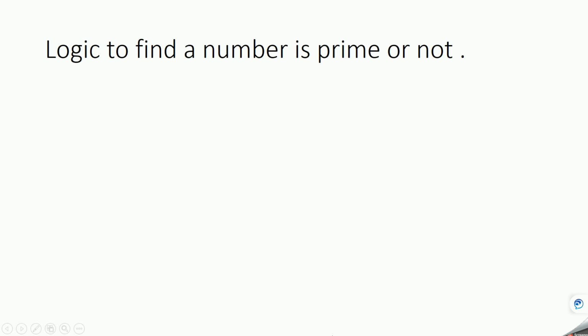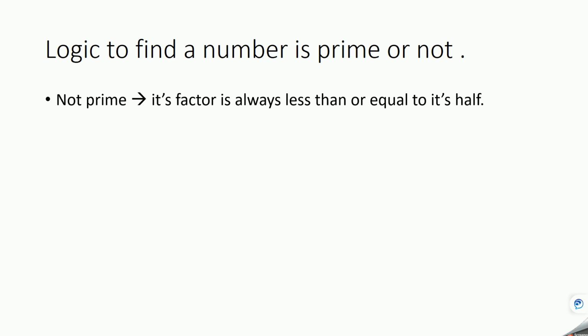So let's see how we can find whether a number is prime or not. Always keep in mind that if a number is not a prime number, then that number will be divisible by a number which is always less than or equal to half of that number.